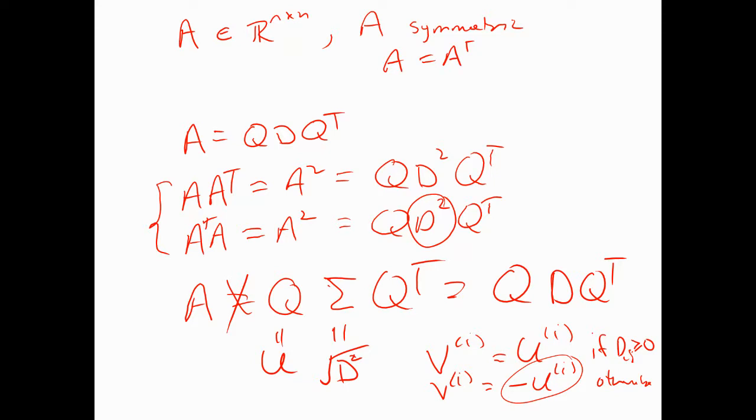Otherwise, you can't just use the separate eigenvector eigenvalue decompositions for A transpose and A transpose A to construct the matrices of interest here.